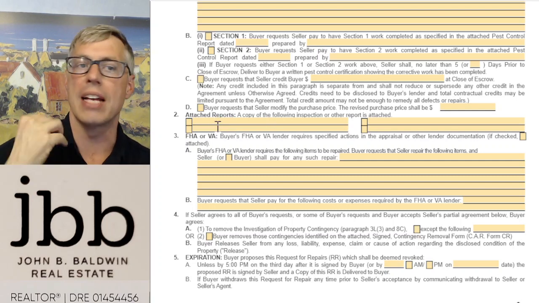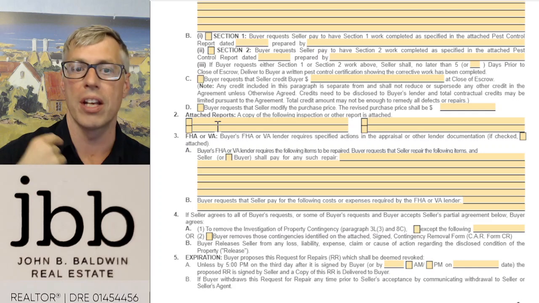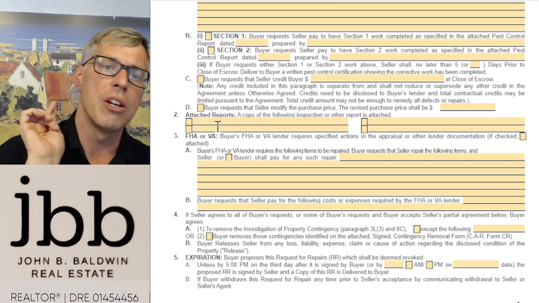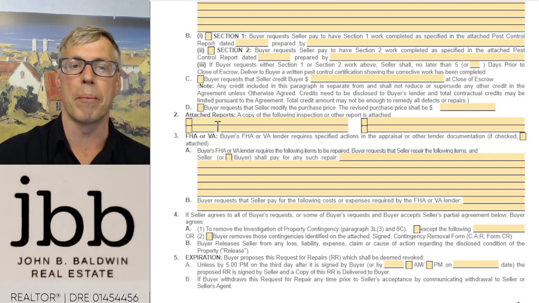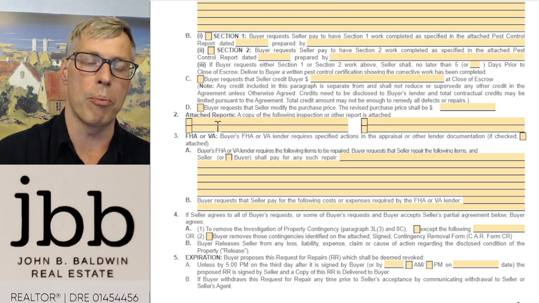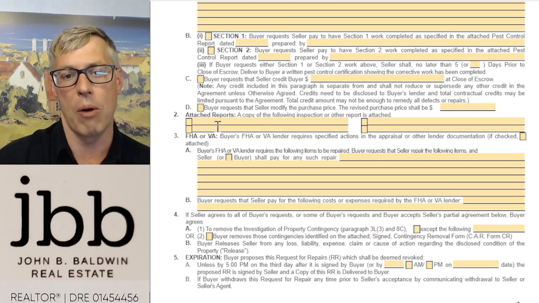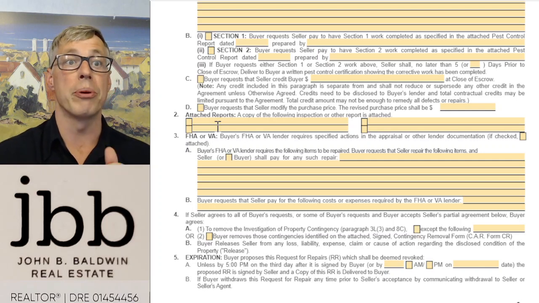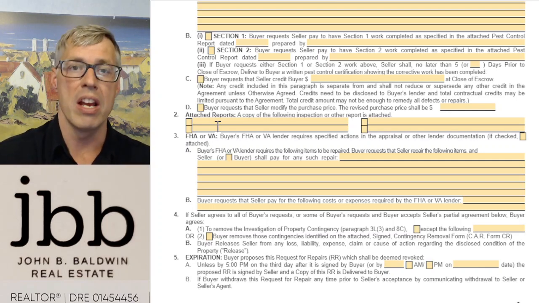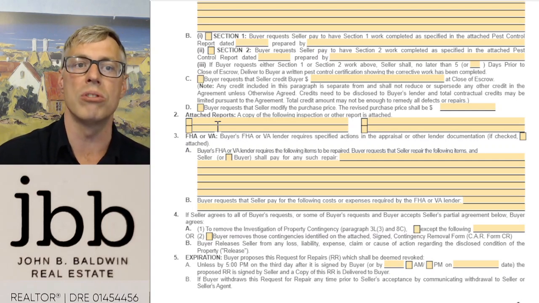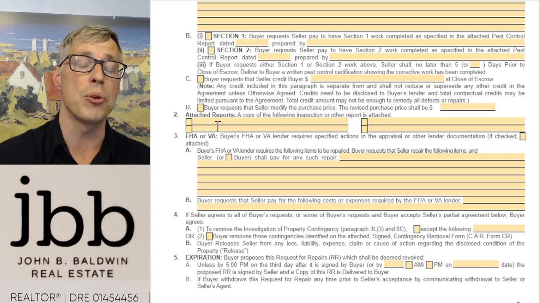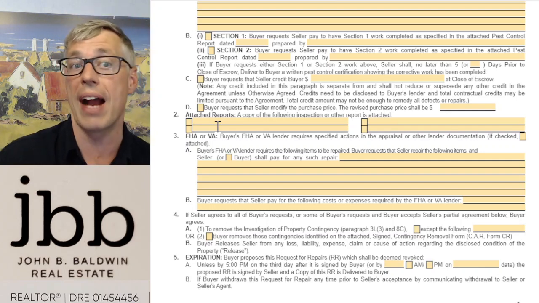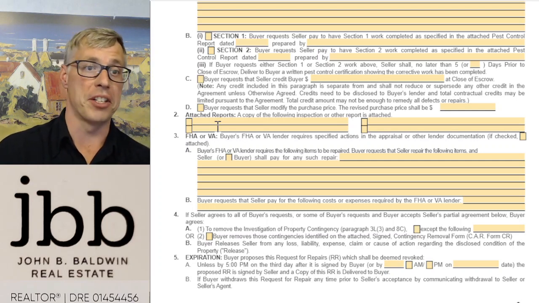So when you get that termite report, the home inspection report, the foundation, the sewer camera, the roof, whatever reports you get, you have to provide them to the seller. And this is the other part of where the repair request is so clutch. When you discover something in the investigation period and provide those reports to the seller, if there is something in there that is a disclosure issue, they will be required to tell the next buyer if you back out, like, "Hey, we found a major foundation problem."